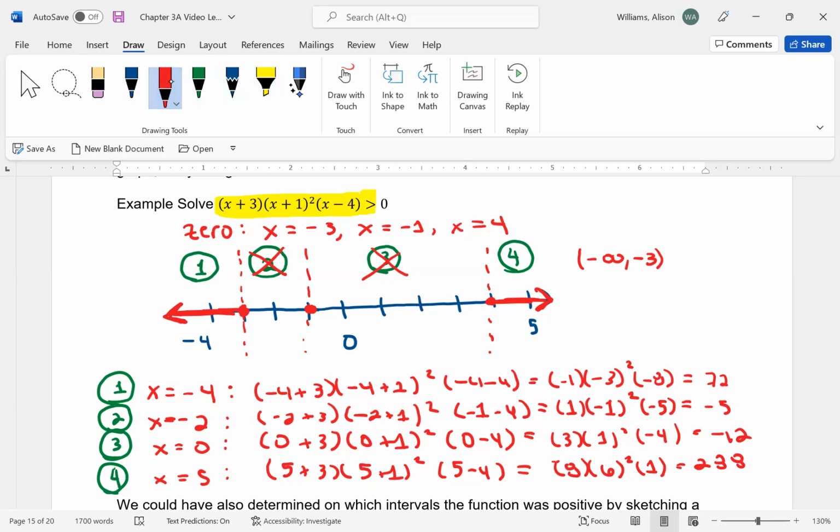So even though I drew closed circles, really they're open circles, okay? So -3, and then the other one would be from 4 to infinity. Cool. Okay, so that's kind of the old school way of doing this. I like it. It's pretty straightforward, very visual. That's how you could double check.